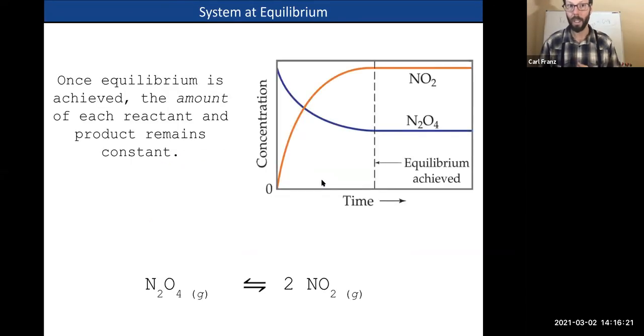Okay. Now, if we plot concentration, that's going to look a little different, right? They're not going to meet at the same point, because remember, equilibrium doesn't mean equal concentrations of reactants and products. It means equal rate. But at that equal rate, the concentration doesn't change. So in this case, what this diagram is showing is concentration over time. It's showing that in this reaction, when it reaches equilibrium, we have a higher concentration of what?